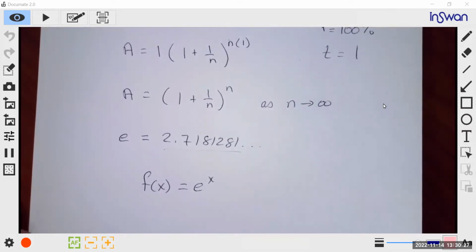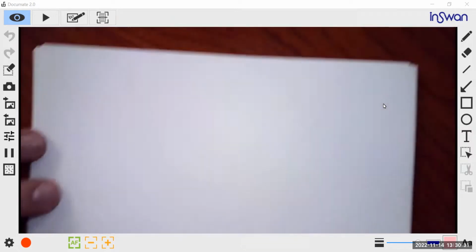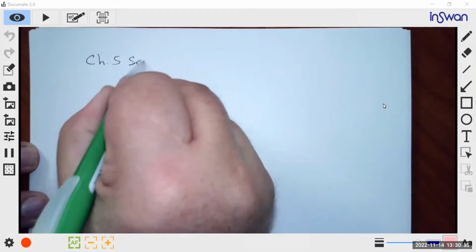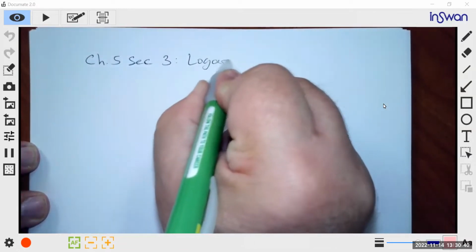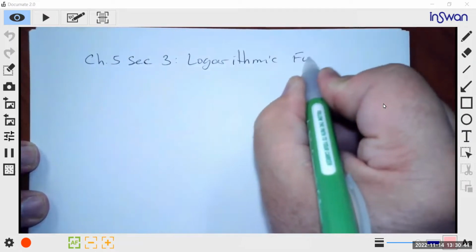Okay, that does it for section 2. Now let's look at section 3. Logarithmic functions.